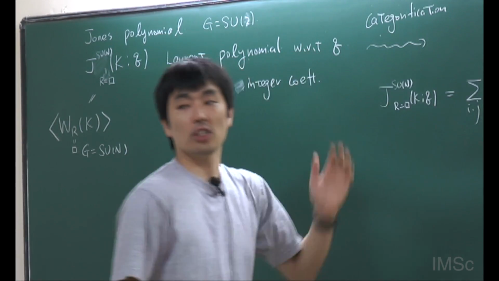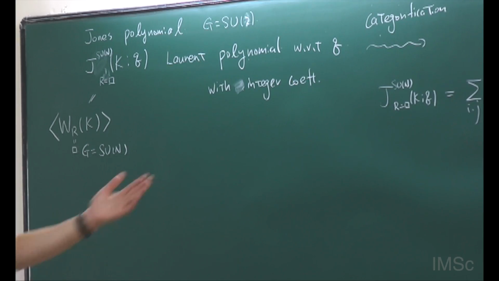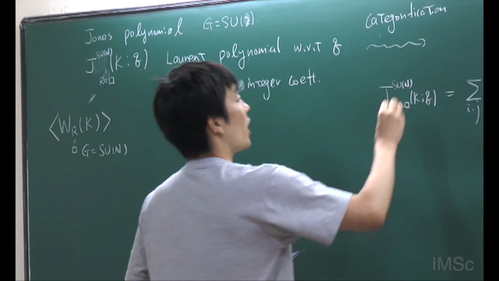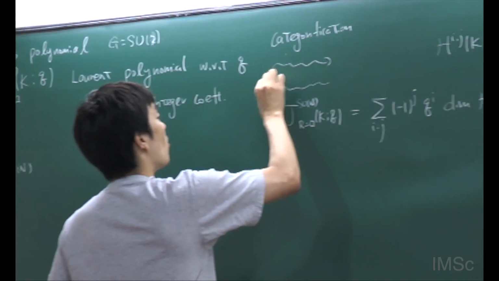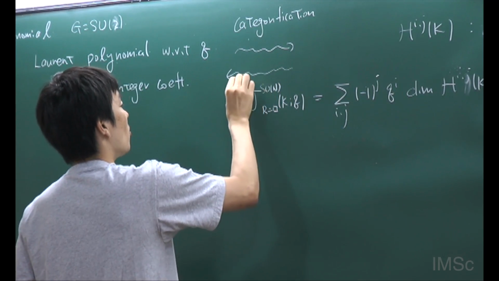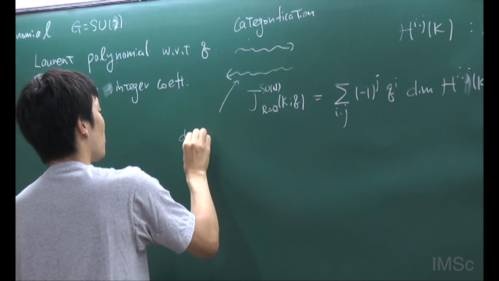From this construction it's very natural, because it's just a dimension. Going from a vector space to an integer by taking dimension is called decategorification.